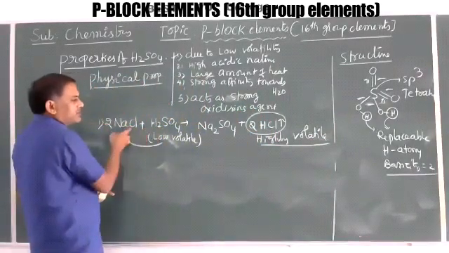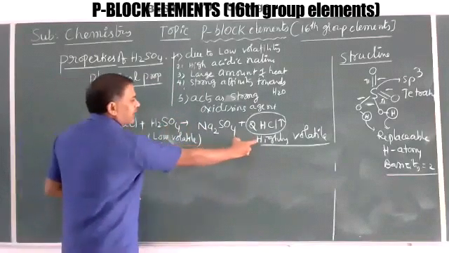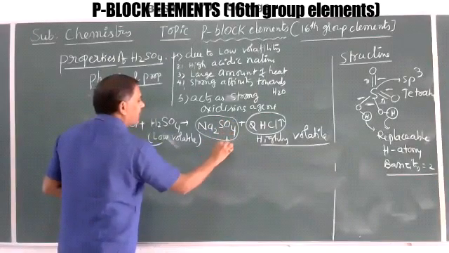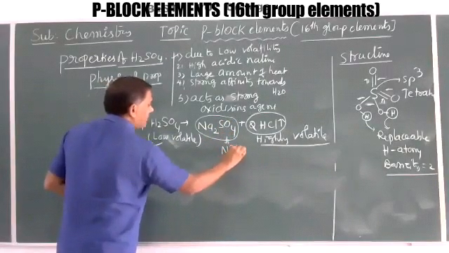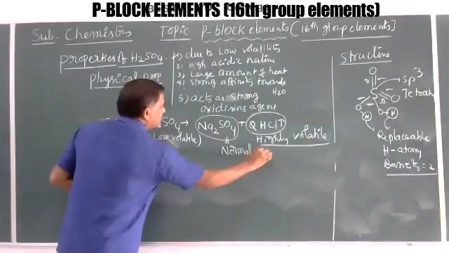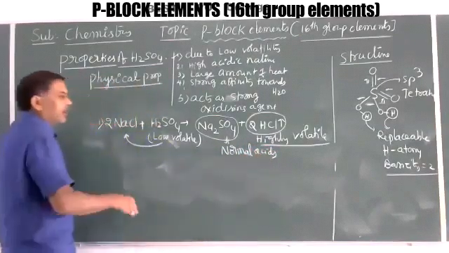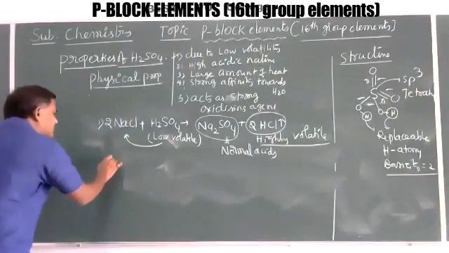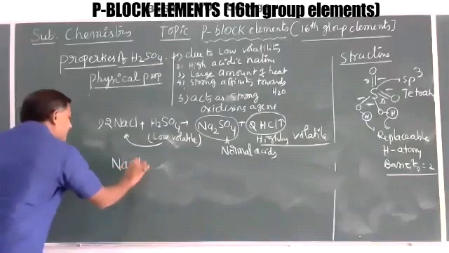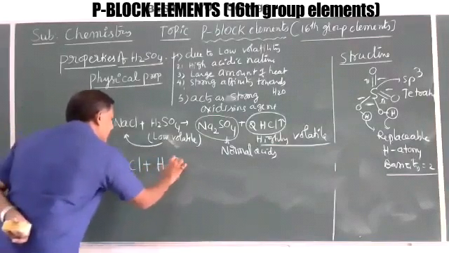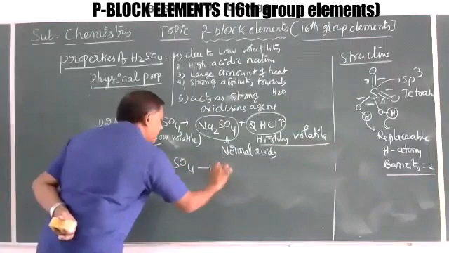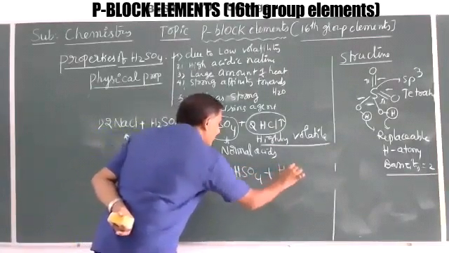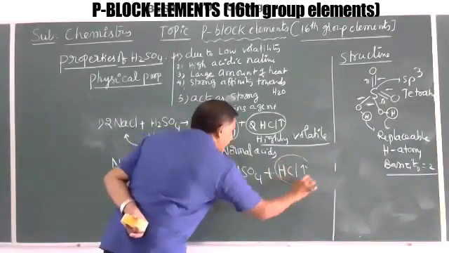Sulfuric acid reacts with these metallic salts. It gives highly volatile acids, and also it forms normal salts. Normal salts are formed, and also when a lesser amount of sulfuric acid reacts with NaCl, it forms NaHSO4 plus HCl, also a volatile acid.